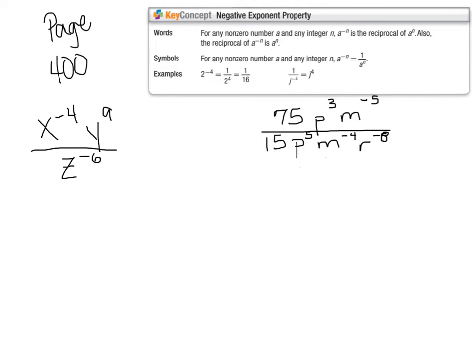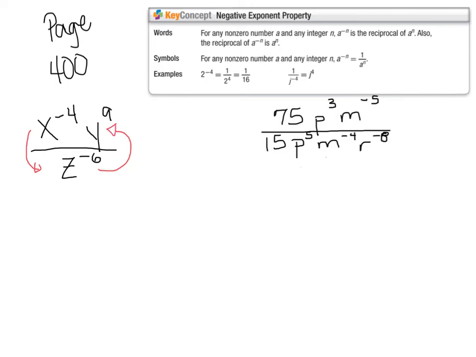If you take a look here, in the first example, I have x to the negative 4th. To make that negative 4th exponent become positive, I've got to cross that down to the denominator. And if you look, I also have in the denominator z to the negative 6th. I cannot have a negative exponent, so I need to cross that one up to the numerator.